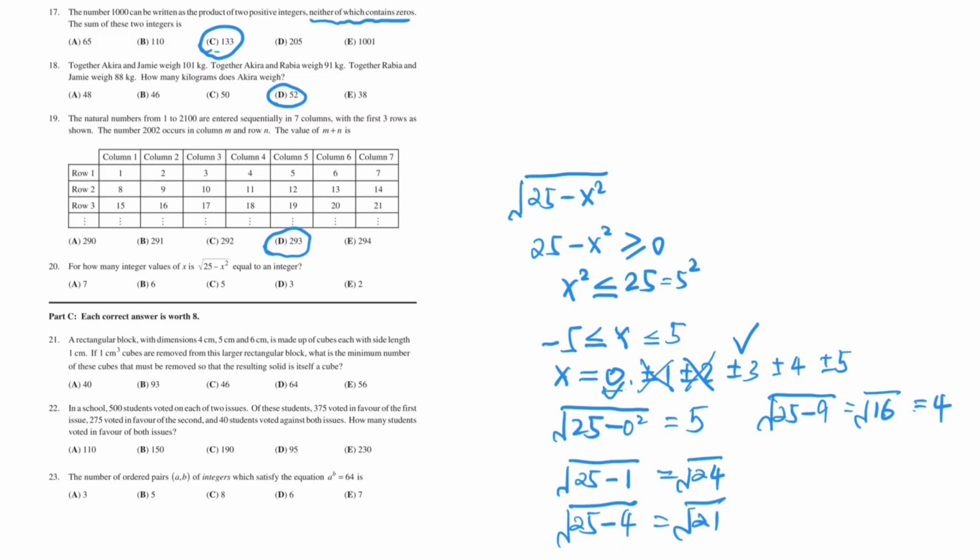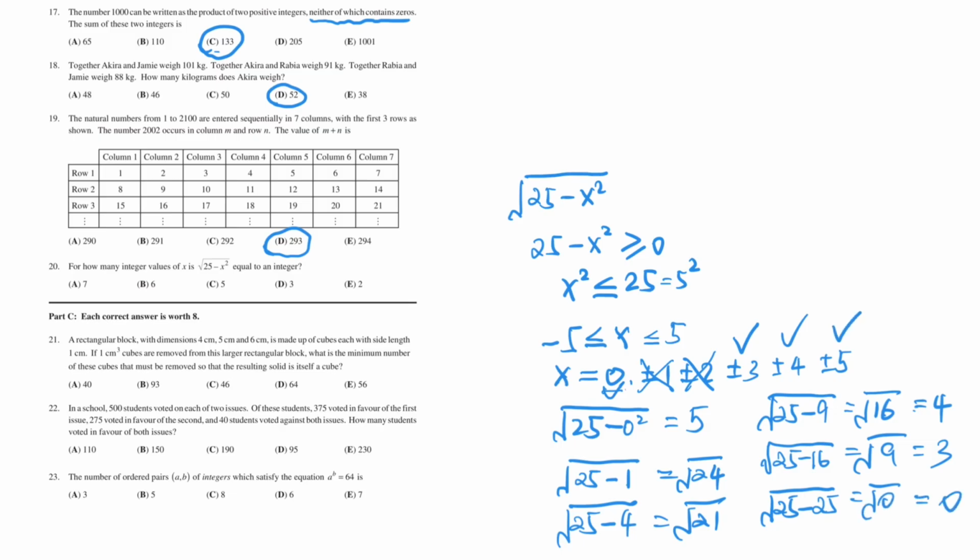And 4: square root of 25 minus 4 squared, that's 16, 25 minus 16 equals 9, that's 3. It works. And 25 minus 5 squared is 25, that's the square root of 0, that's 0.